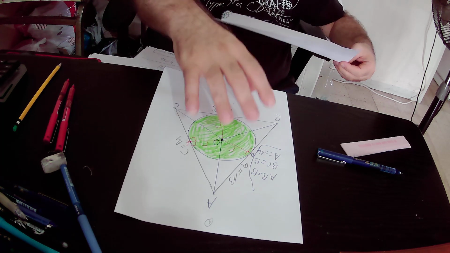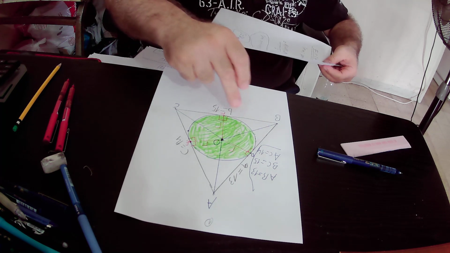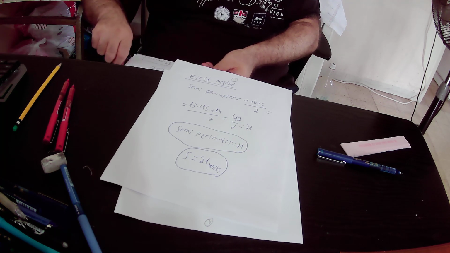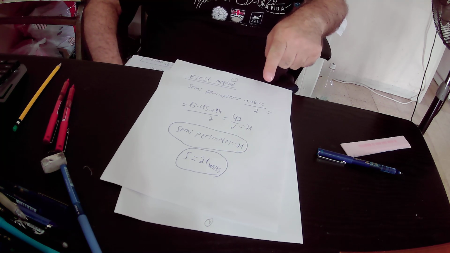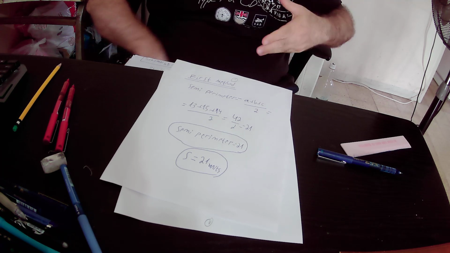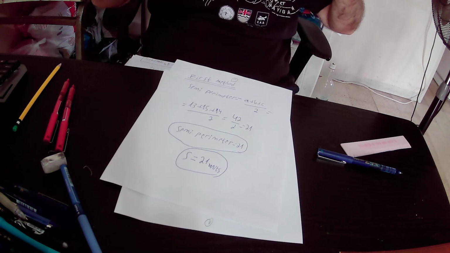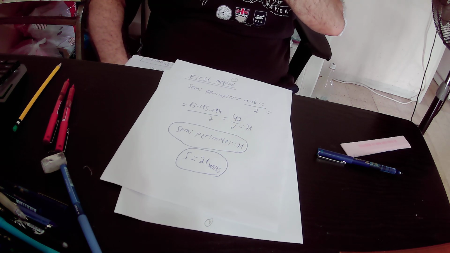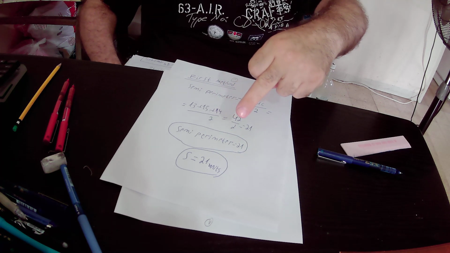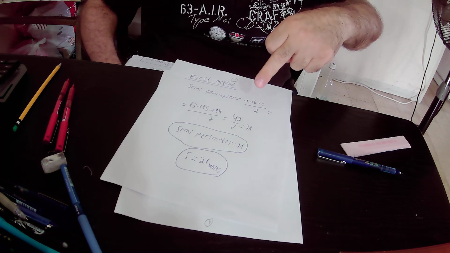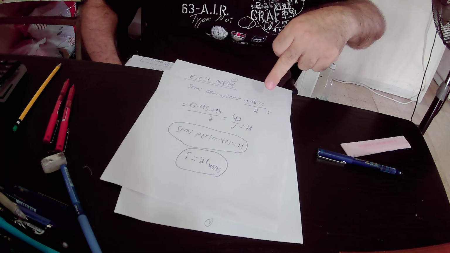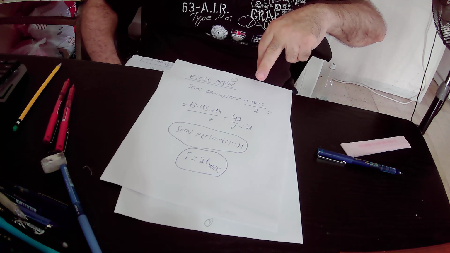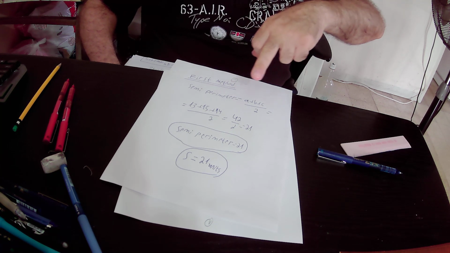So the semi-perimeter of triangle ABC equals A plus B plus C over 2, that is the perimeter of triangle ABC divided by 2. And we defined the letter S as the semi-perimeter of the triangle, and found out that S equals A plus B plus C over 2.